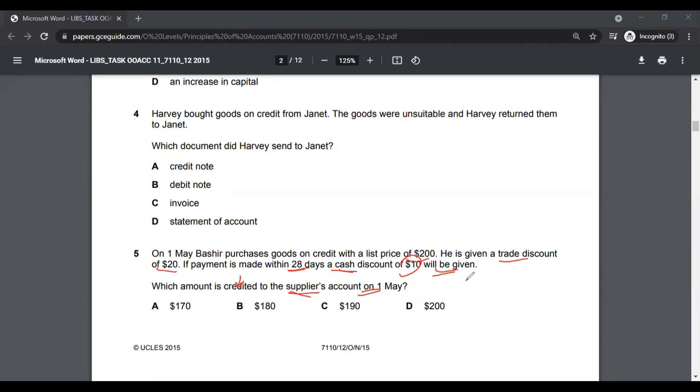So what would be the accounts payable amount, right? Now the payment has not been made, so we will disregard this $10 of discount. We will only take into account the trade discount of $20. So the amount that will be credited would be $180. That is 200 minus 20 equals 180. So the answer to multiple choice 5 is option B.